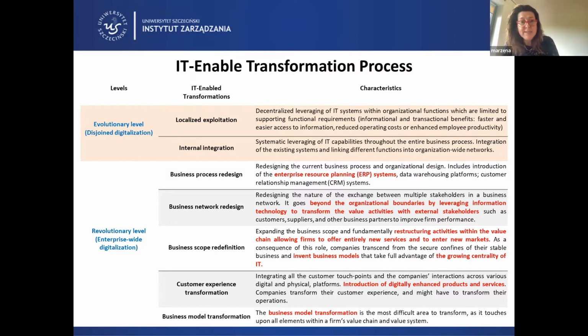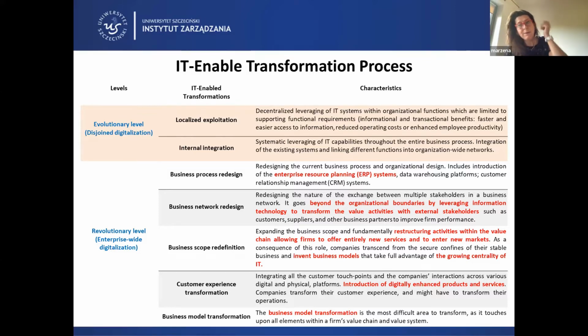Then we have business process and network redesign, so we try to connect the processes and also our very close network, the main suppliers and the closest customers. Then we go further to business scope redefinition and experience transformation, changing the experience of the customer. So we digitalize more and more our products or services, and finally we go to business model transformation.